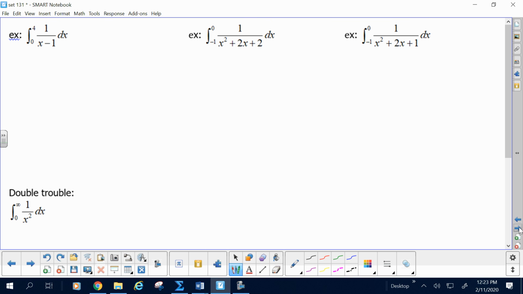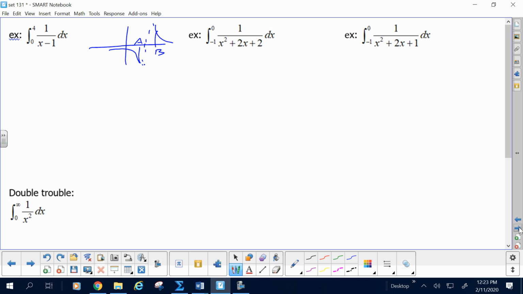Let's go with a middle split kind of thing. Where's the vertical asymptote for this bad boy? 1. So because I have an asymptote at 1, I am going to need to do a 2 limit case, 1 from below, 1 from above. So let's let the lower one be A and the upper one be B. Give me your first limit statement.